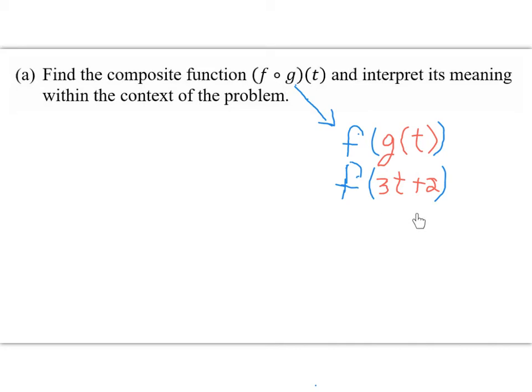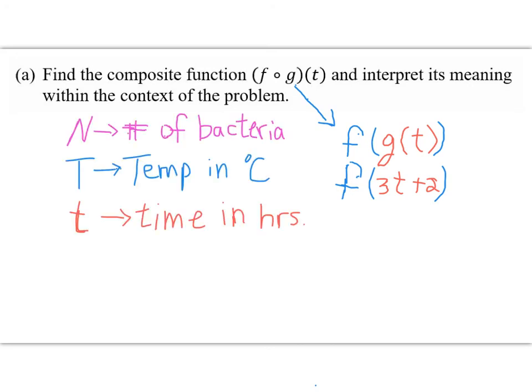And once you've done that, then there's the second part of the question that says interpret its meaning within the context of the problem. What that really means, and how I'm going to approach this, is that you need to say what's the input and what's the output of this new function that you have. You actually have only three choices to choose from. There's capital N, the number of bacteria.